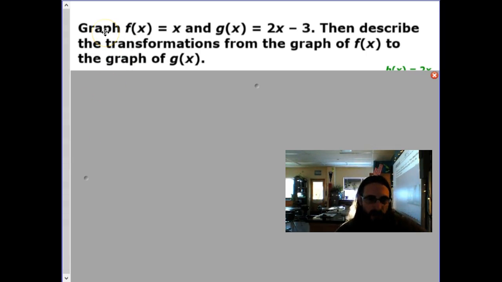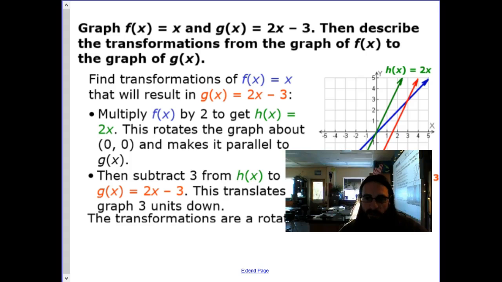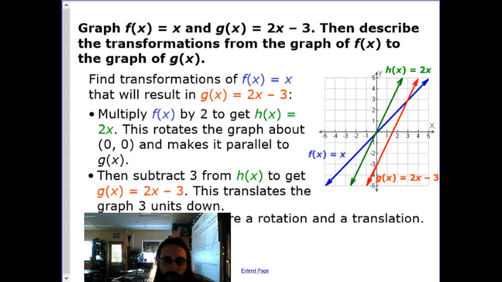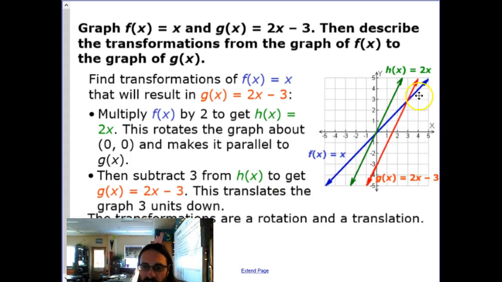Okay, it says graph f of x equals x, parent function, and then g of x equals 2x minus 3. Graph these both, then describe the transformations. Well, first of all, you graph them. Let me get my picture out of the way. I'll move it over here. Here's f of x, and the first step is 2x minus 3.